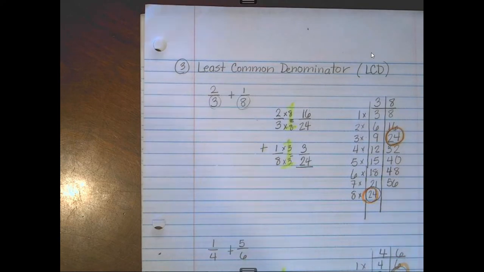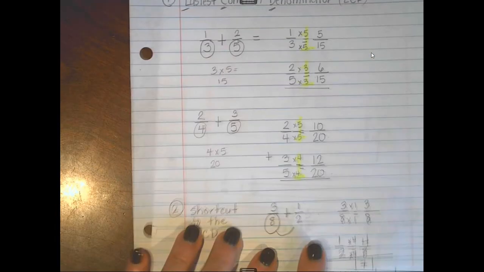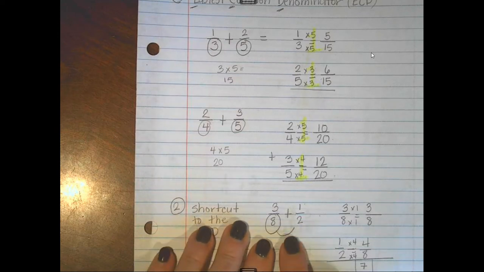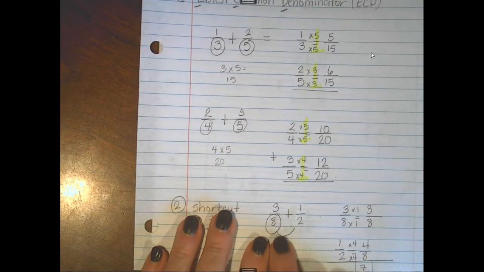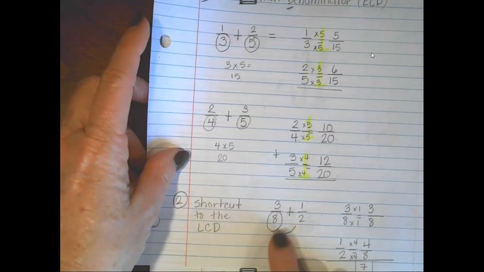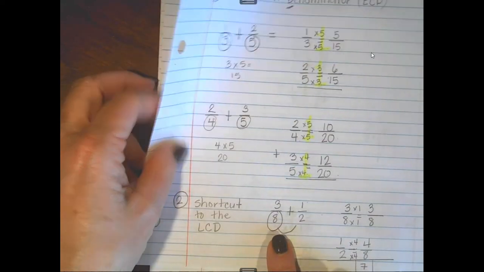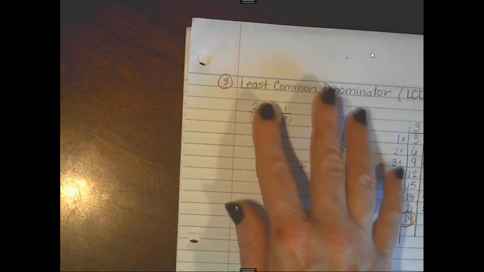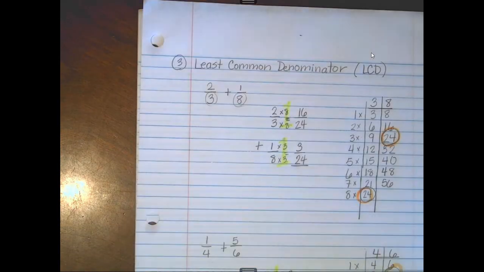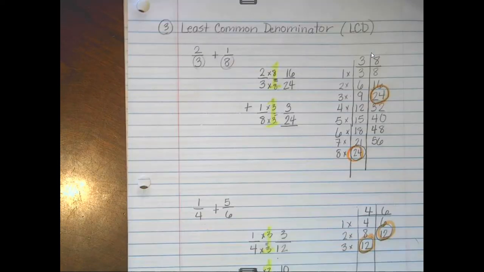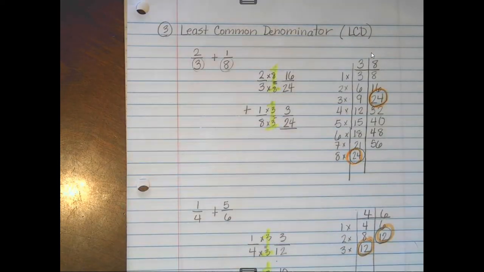We use the least common denominator, where the shortcut, where we notice that the larger denominator is a multiple of the smaller denominator, and we use the larger denominator as the least common denominator. And then we looked at setting up the least common denominator by using a multiple or factor list until we found the smallest one.